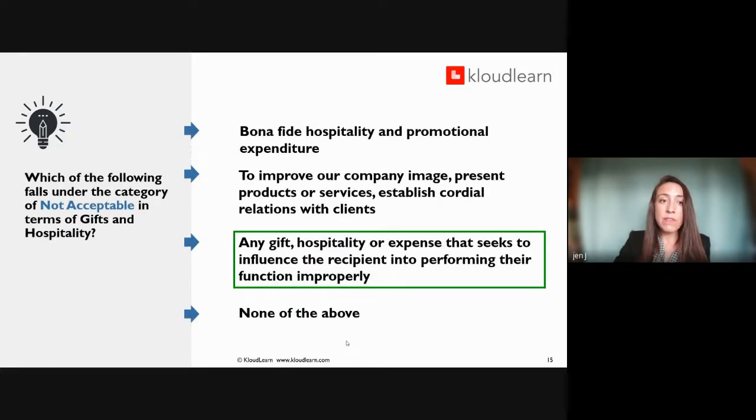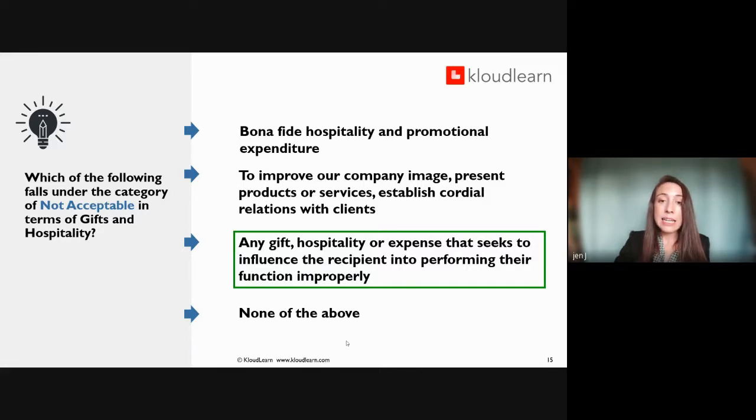Which of the following falls under the category of not acceptable in terms of gifts and hospitality? A, bona fide hospitality and promotional expenditure. B, to improve our company image, present products or services, or establish cordial relationships with clients.